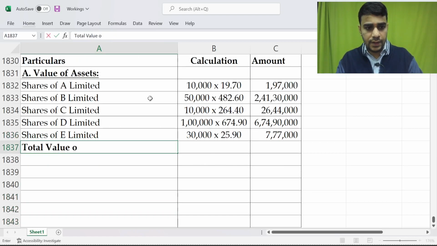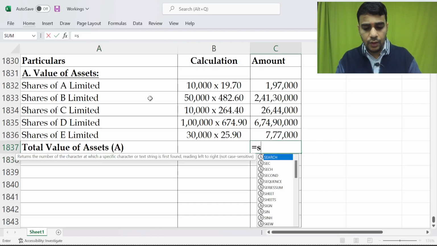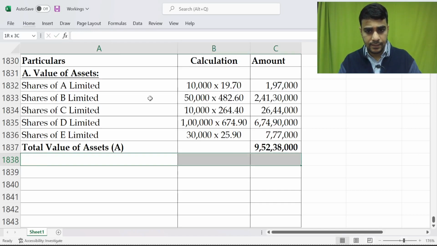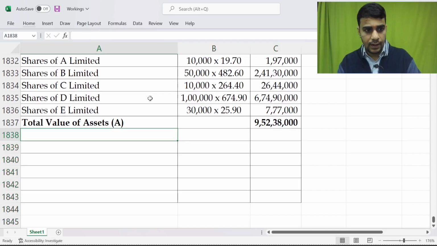Total value of assets. Some 9 crore 52 lakh 38,000. Value of assets is 9 crore 52 lakh 38,000, less liabilities. 0.